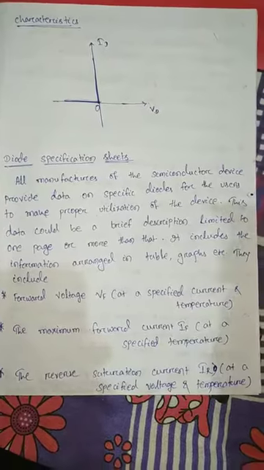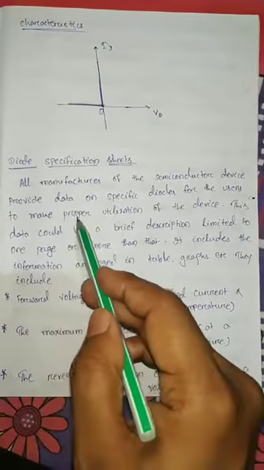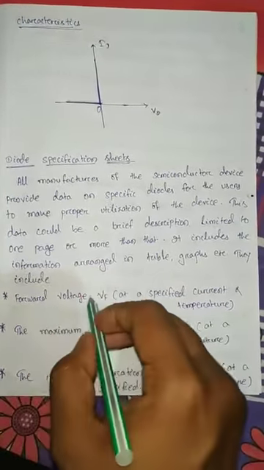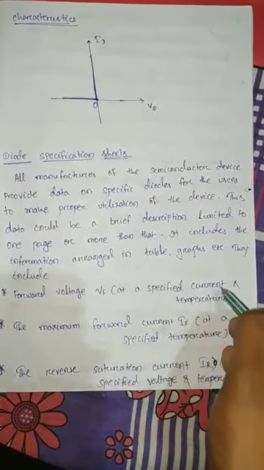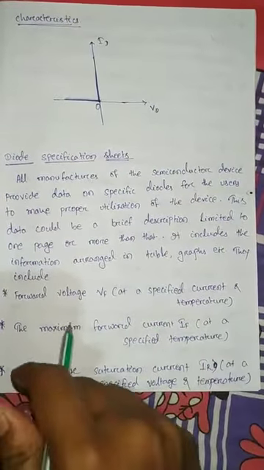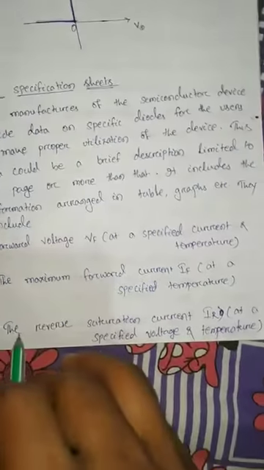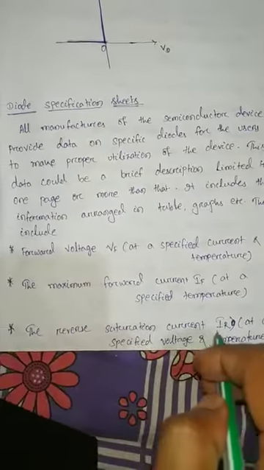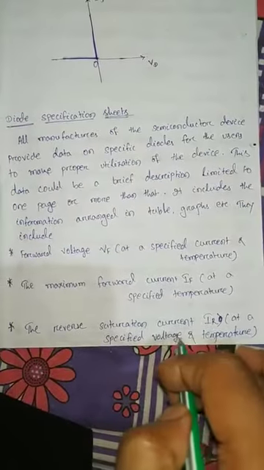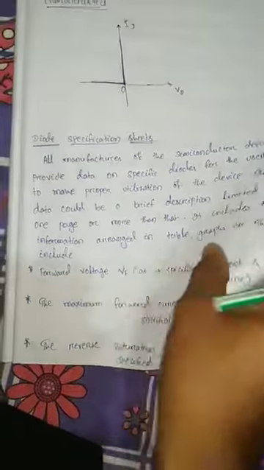The information includes, in the case of a diode, the forward voltage Vf at specified current and temperature, the maximum forward current IF at specified temperature, and the reverse saturation current IR at a specified voltage and temperature.